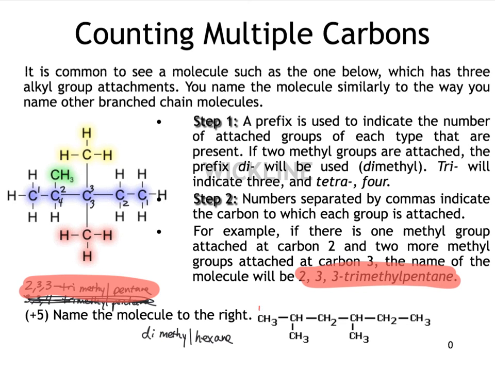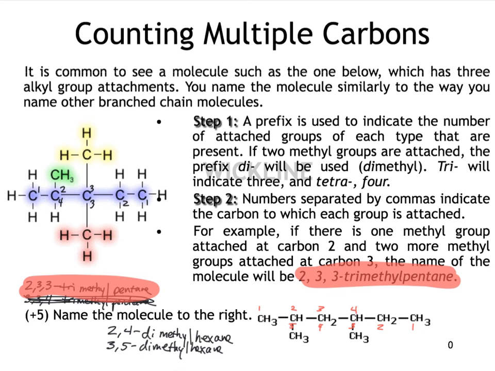So I have 1, 2, 3, 4, if I come from the left. And if I come from the right, I have 1, 2, 3, 4, 5. So our 2 choices are going to be either a 2,4-dimethylhexane, or it's going to be a 3,5-dimethylhexane.